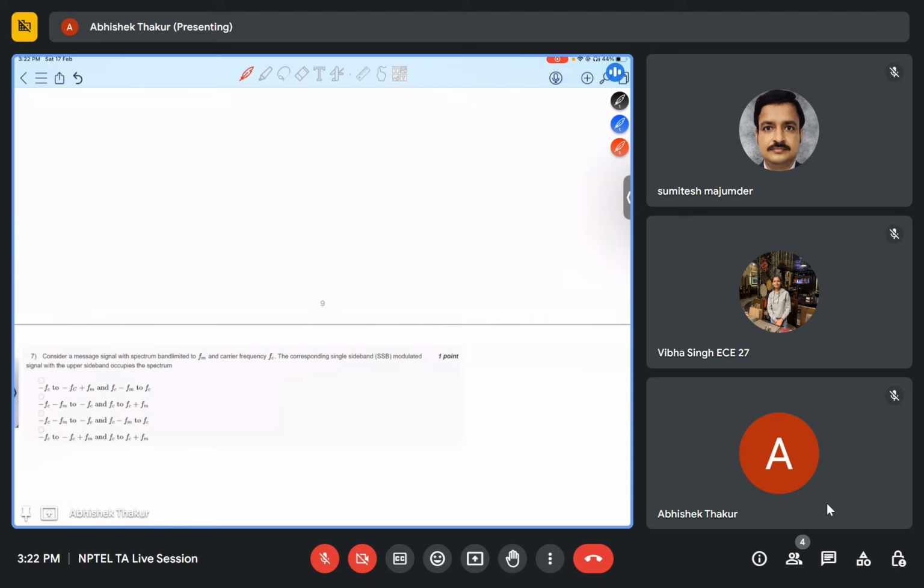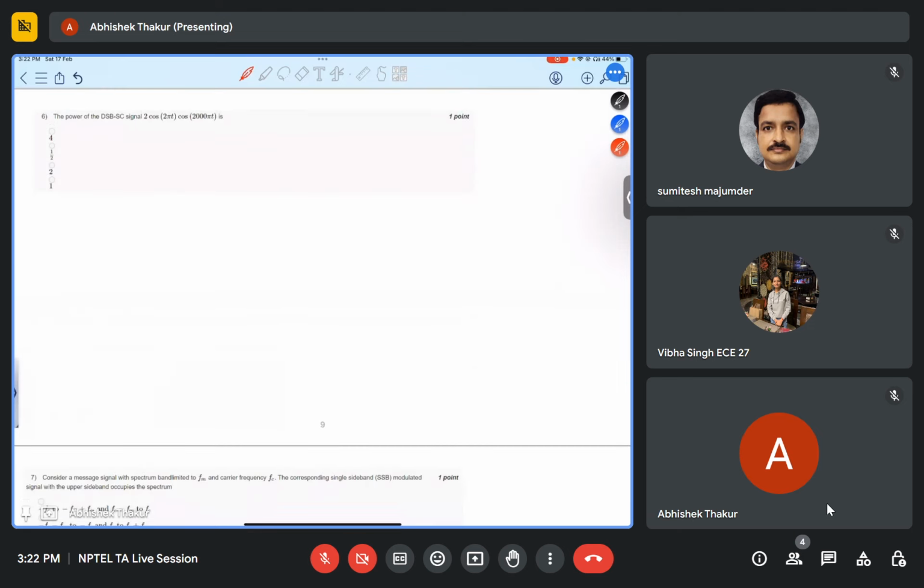So now the question number 6, the power of DSB SC signal x(t) is given as 2 cos of 2 pi t cos of 2000 pi t. So basically DSB SC signal is given as Ac Am cos of 2 pi fm t cos of 2 pi fc t.